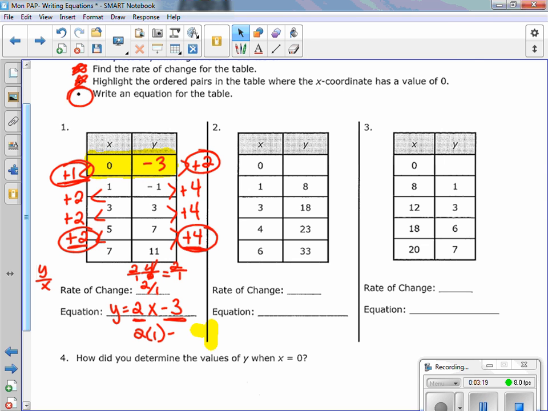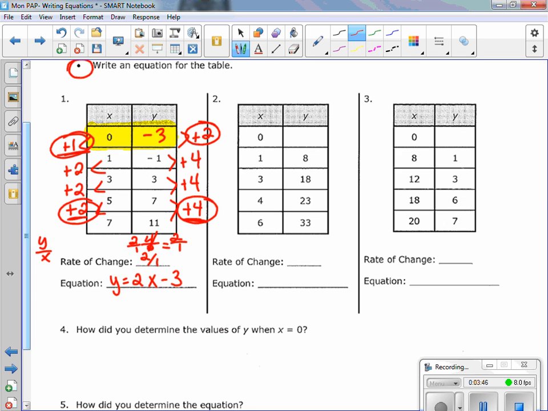Then we figured out, how did we get from +2 to -1? Well, we subtracted 3. And we plugged in, say that our next value is 3, and our table told us that was supposed to be 3. So this was 6. How do we get to 3? We subtract 3. So these processes that we've been talking about all year have been related. But now we're moving on to a more algebraic sense, and we're talking about our rate of change.